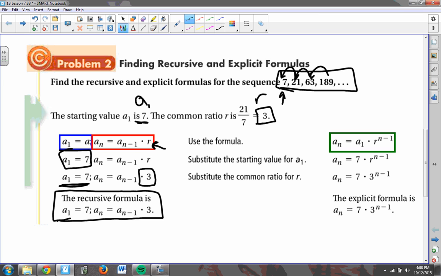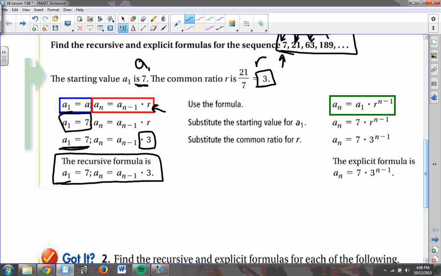Let me show you how that would work. If I wanted to write this sequence from this recursive formula, all I have to do is say, okay, A1, my starting value, is 7. That's my first term. Now, if I want the second term, A sub 2, that equals A sub 1, right? 2 minus 1 is 1, times by 3.